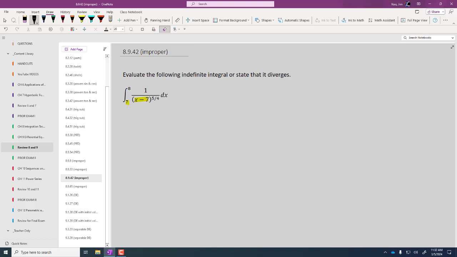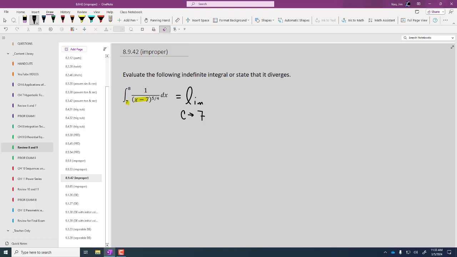Once we recognize that it's improper, we know that we have to use a limit. Usually for the vertical ones, they use a c, so we'll say c is going to go to 7. And now we have to indicate what direction we are approaching the 7. Are we approaching it from the right or the left?